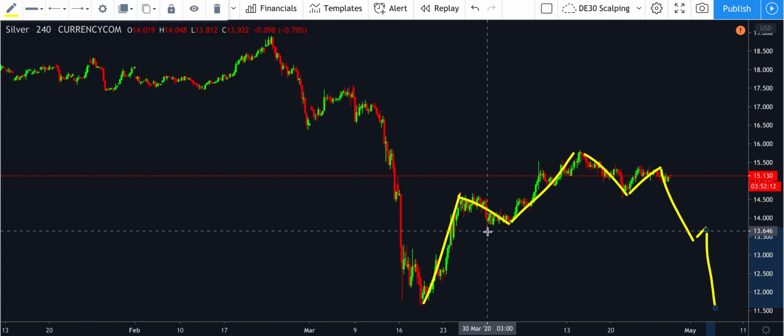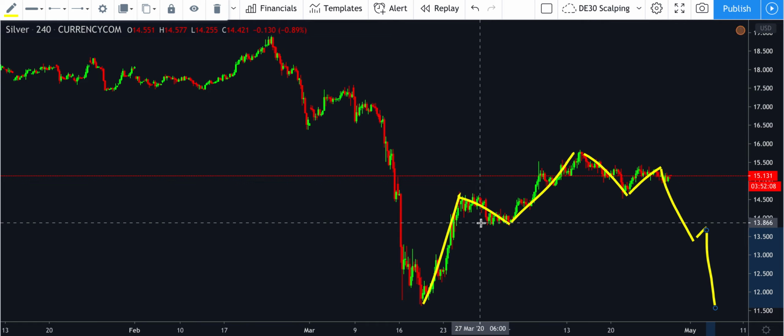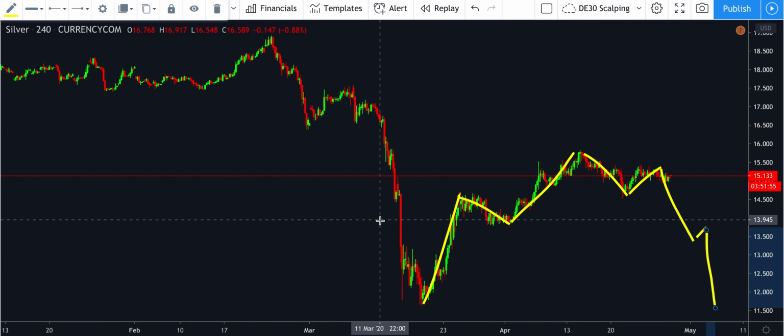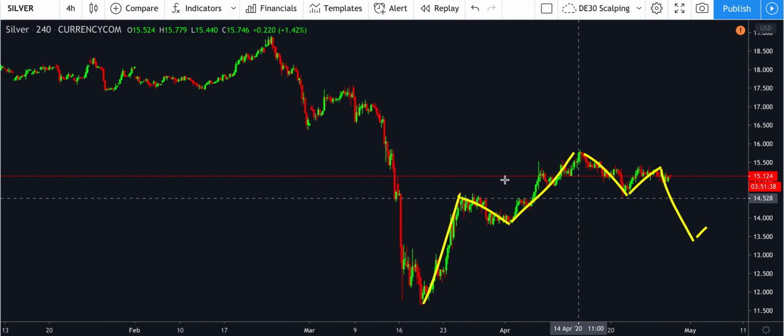If you know a little bit about Elliott waves, but this is not important, this first correction tells us that price might go retest the lows, because it means the downtrend is still in action.